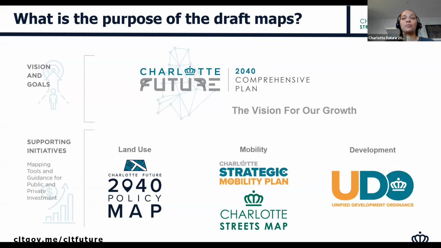It's got a number of components. The 2040 Policy Map covers land use and form. The Strategic Mobility Plan, along with the Charlotte Streets Map, covers mobility. So how are we getting around the city? And then the Unified Development Ordinance covers actual development regulations. It combines all of the development regulations that we have for the city into one central document.